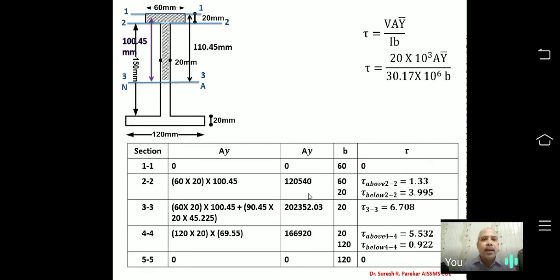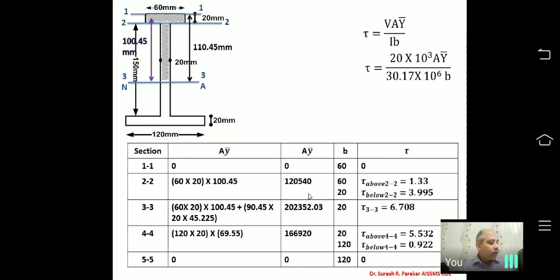Now we have to add 90.45, which is of web, into 20 width, and centroid we have y bar, half of that web depth, that is 90.45 by 2, and that will give me value of A y bar, that is shown in table. B here I have 20. Tau 33, that is at neutral axis, which is maximum value 6.708 Newton per mm square.